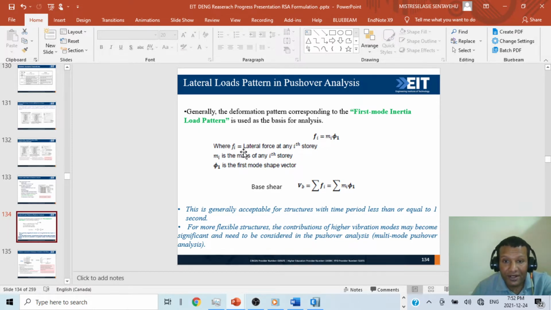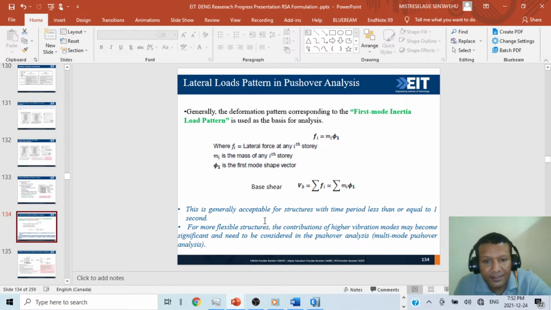Fi is the lateral force at the i-th story, mi is the mass of the i-th story, and phi i is the first mode shape vector for that story. When we multiply these, we will find the force. When we sum the forces, we will find the base shear.